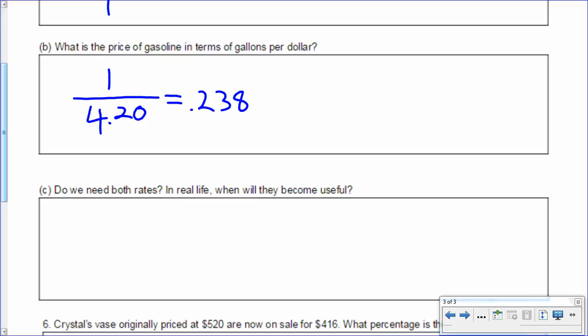Now this is gallons for every dollar that we spend. So for every $1 we get 0.238 gallons. Another way to think about that is, if we know how to convert decimals to percentages, we got 23.8% of a gallon for $1. Okay?